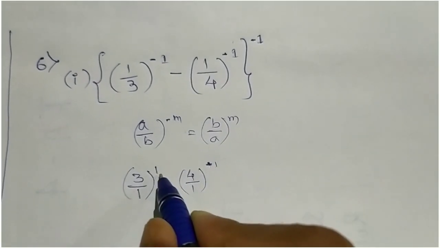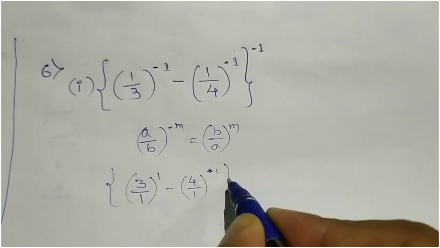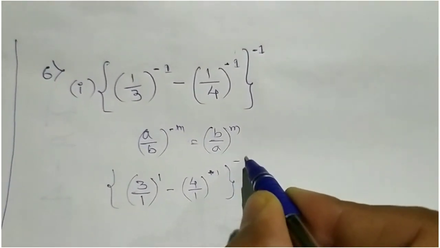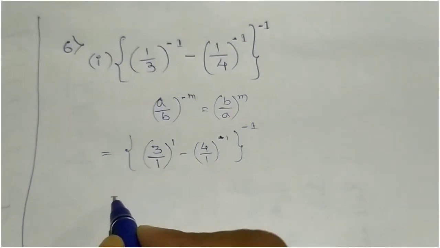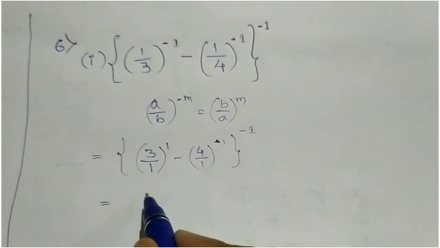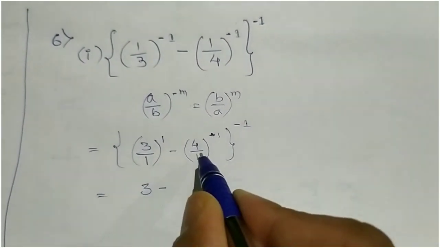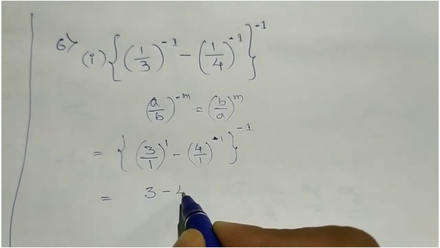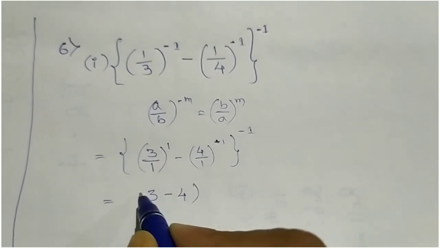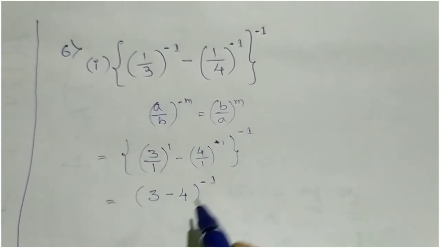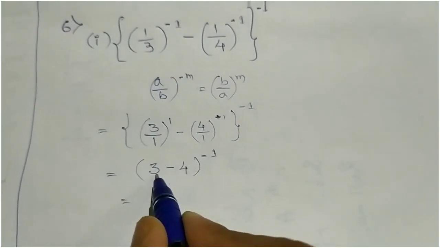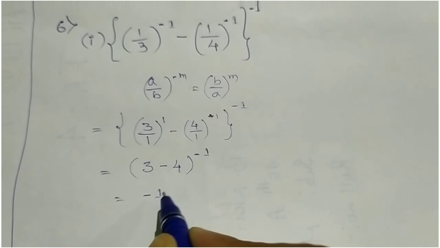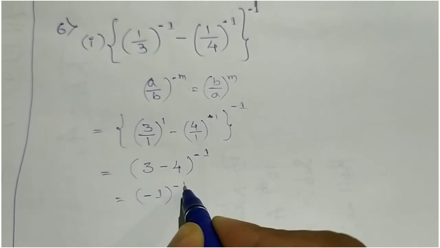So 3 by, and the whole bracket, that is the curly bracket they given, again minus 1. Now 3 by 1 is nothing but 3, 3 power 1 is 3, minus 4 by 1 is 4, 4 power 1 is also 4, and the whole power again minus 1 is there.